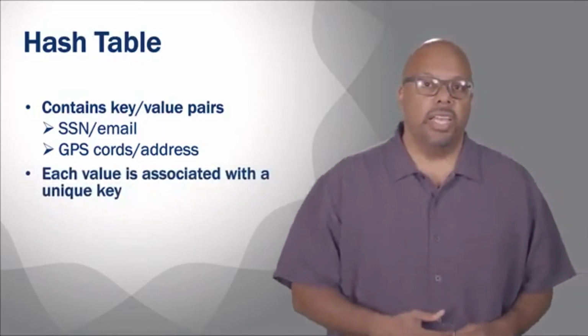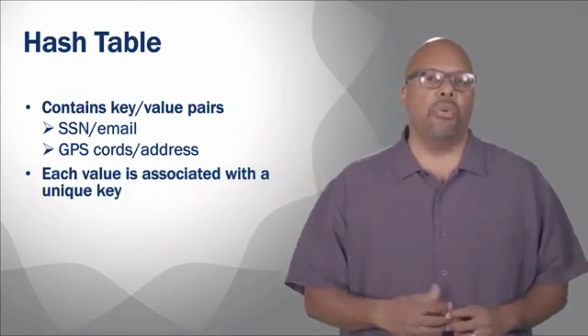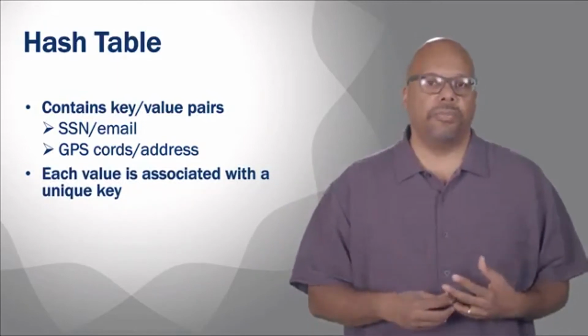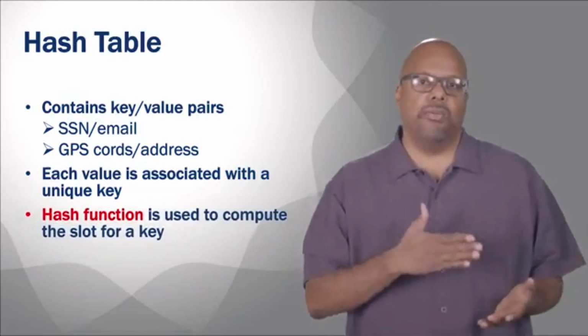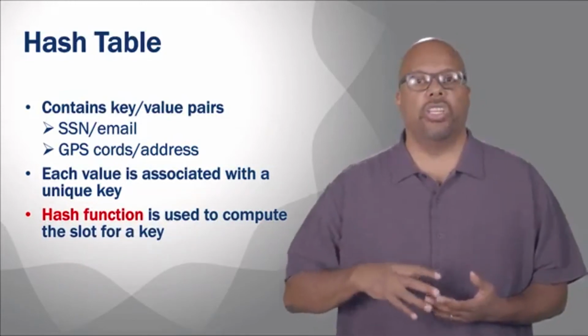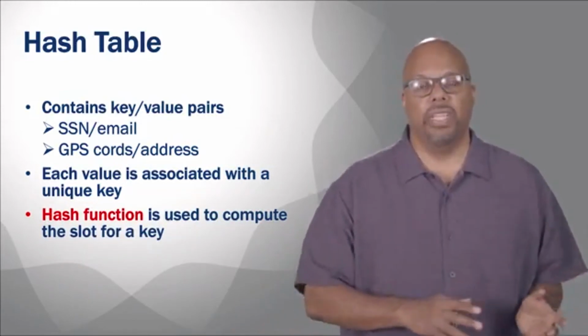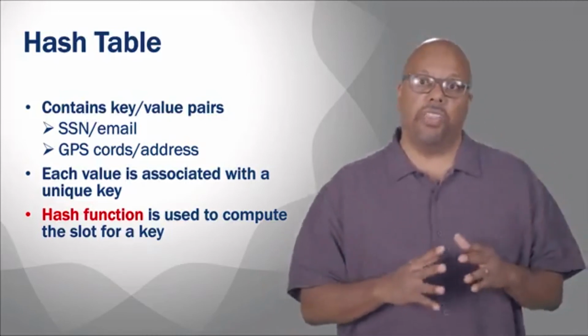So a hash table is meant to store these key value pairs, and it is important that each key is unique. So a hash function is defined, and it's used to take a key and compute a slot in the hash table to insert the value according to the key. You can think of a hash table as something like, I hate to say it, but think of it like a big array.